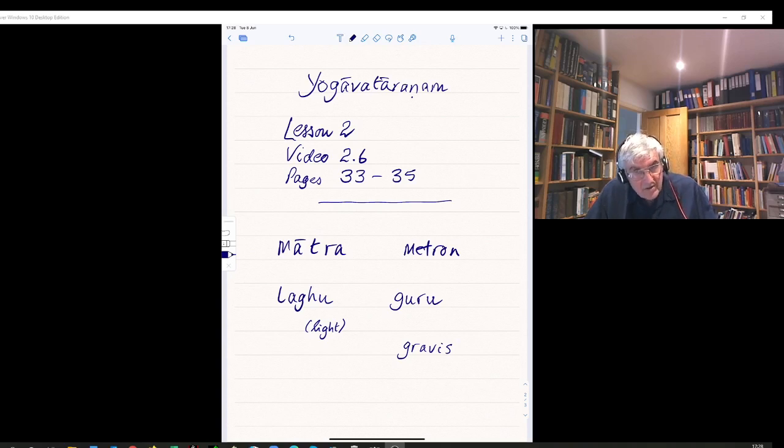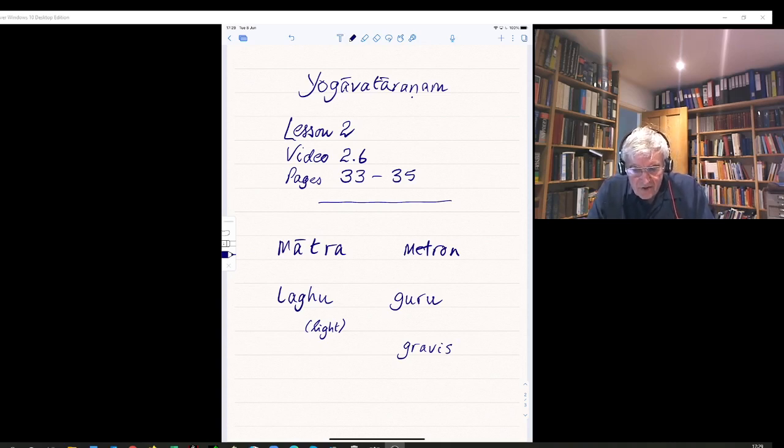There's a gravitas, literally a heaviness, but it comes from this conflation which we see in Sanskrit and also in Latin, between heaviness and dignity and respect and that kind of thing. And of course, by further extension, in Sanskrit, the heavy becomes the guru, the teacher, because of the gravitas that he has. So, light and heavy syllables.